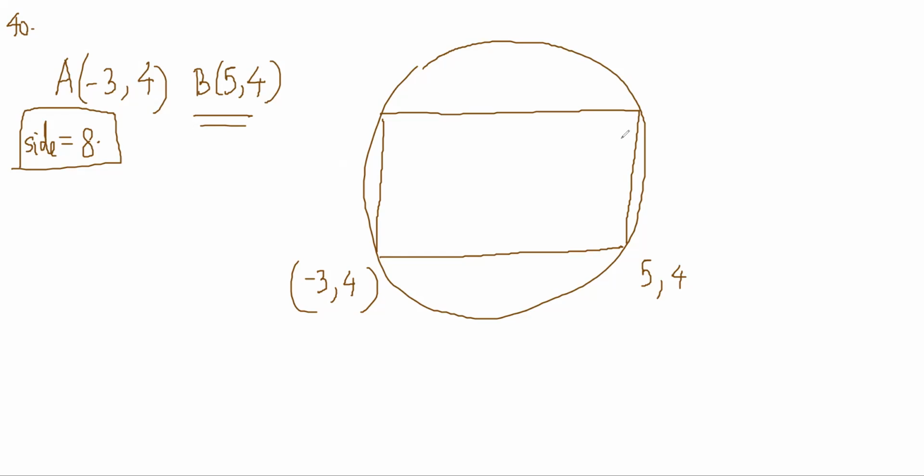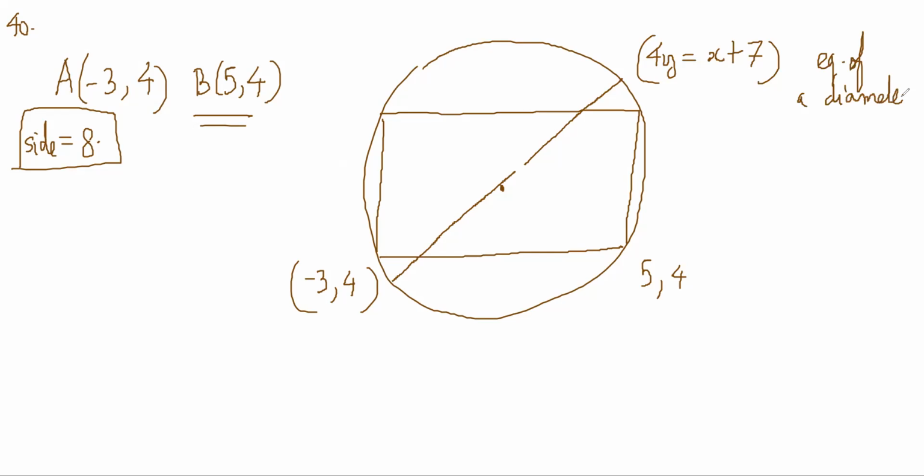Let's say the center of the circle is here. So that diameter, let's say this one, the equation is given as 4y is equal to x plus 7. The center is suppose here.